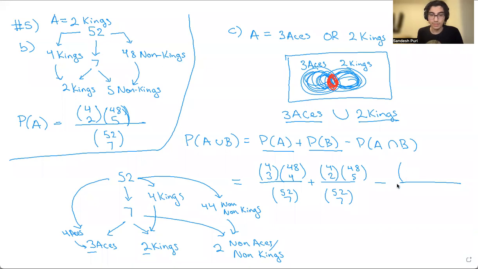So for aces, we are picking 3 aces from 4 aces in the deck. We are picking 2 kings from the 4 kings in the deck, and we are picking 2 non-aces, non-kings from the 44 cards remaining. And the total number of events is still 52 choose 7.